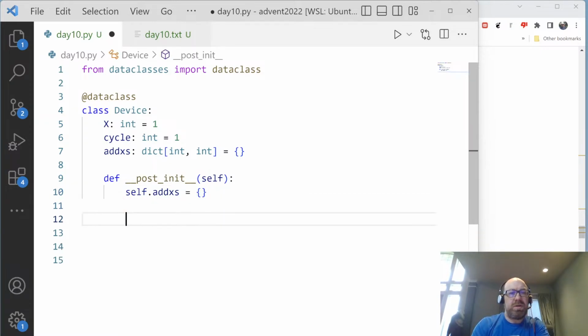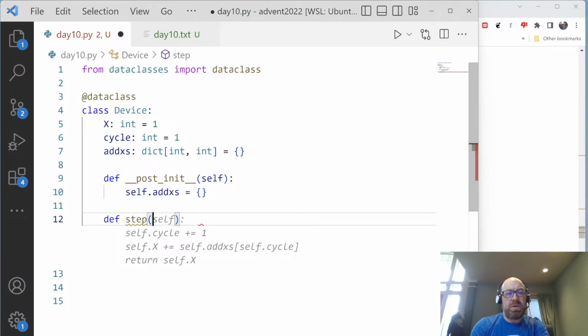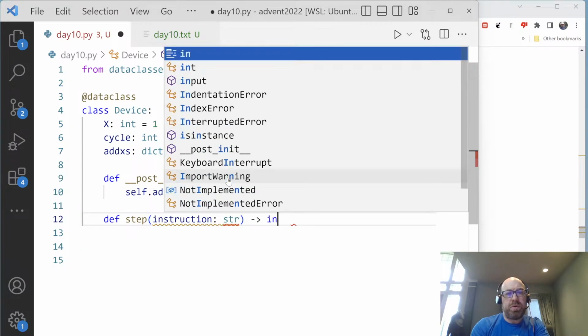So I don't like using default values. Okay. And so let us def step, instruction, which is a string, and it is going to return an int.